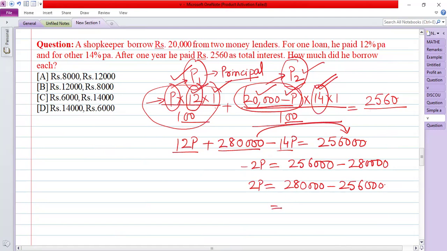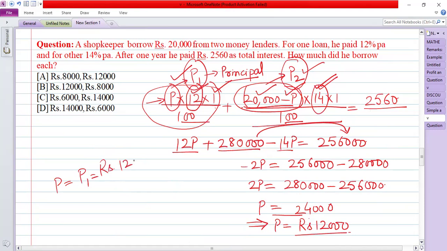And now the difference is nothing but 24,000, and this P. So what is P? The P is nothing but rupees 12,000. Okay. So if P is 12,000, then what will be P? Actually, this was our P1, that is P1. Okay, this is rupees 12,000.